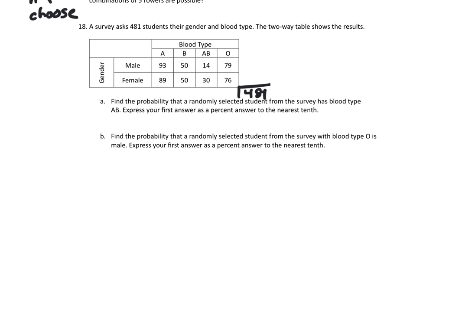Okay, well, let's look at part B here. Find the probability a randomly selected student with blood type O is male. Okay, so the way that I would write this out, this is one of those conditional probabilities, okay?